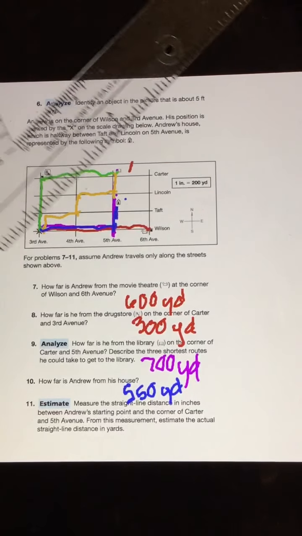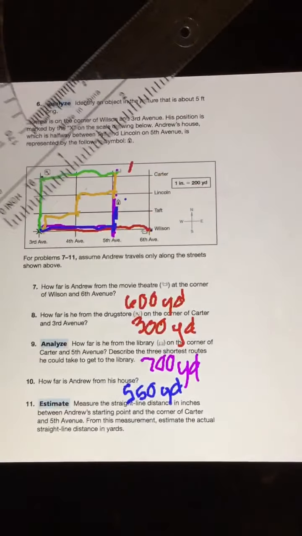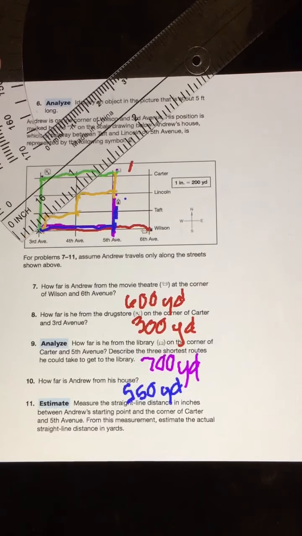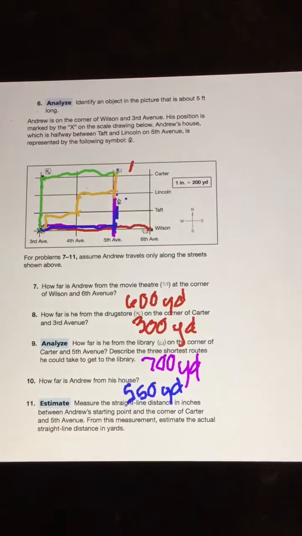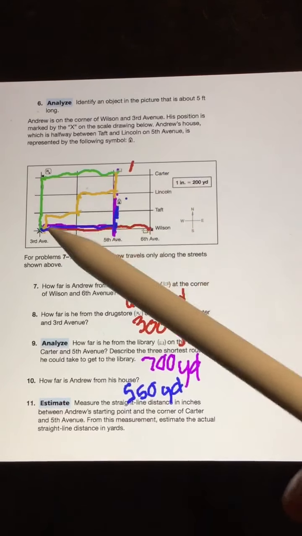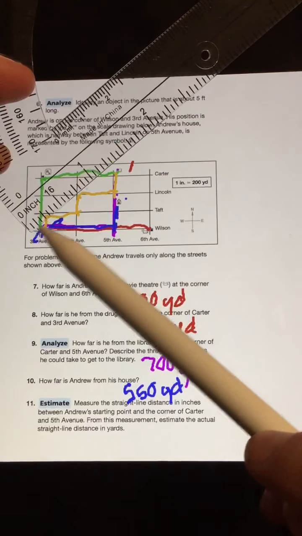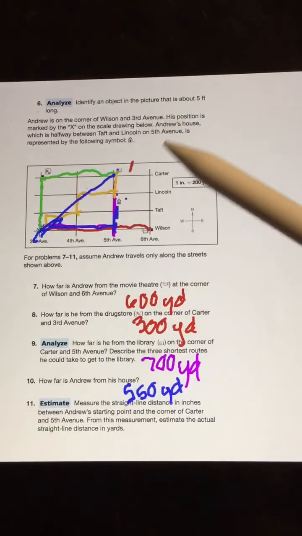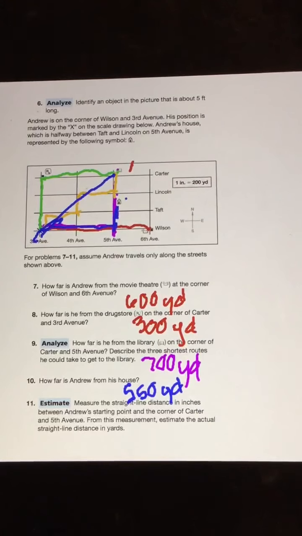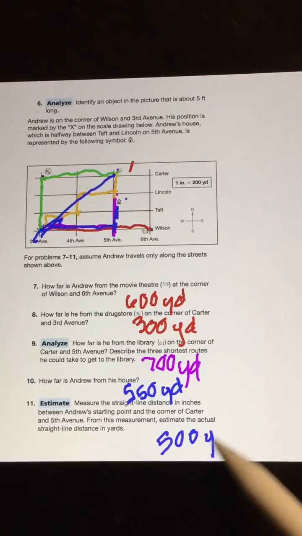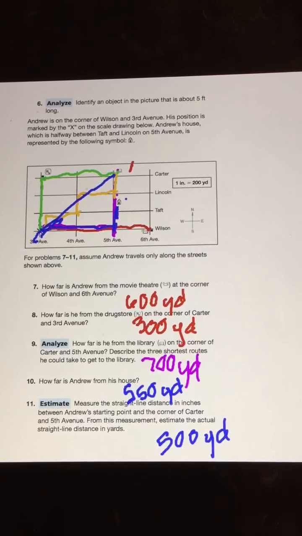Now, if I had the book out and I was actually measuring, I would be able to see that a straight line, we would just be going straight across, right? So straight across would be about 500 yards, we would estimate.